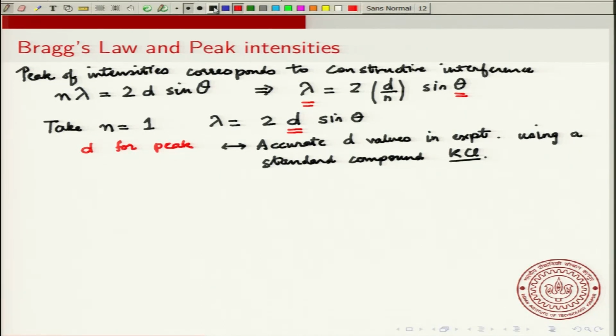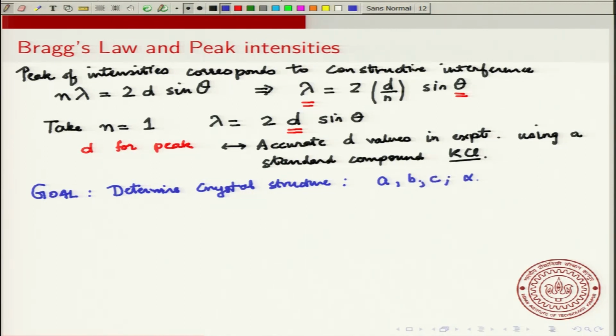So, the point is we would like to determine, so, the goal is to determine the crystal structure, and for a start we will determine a, b, c and α, β, γ.